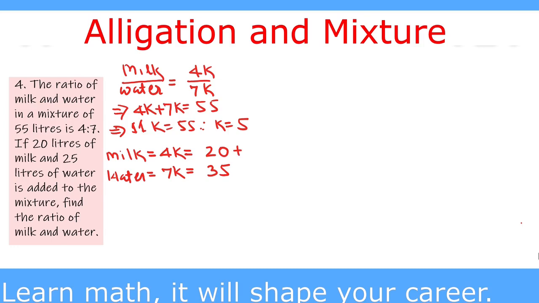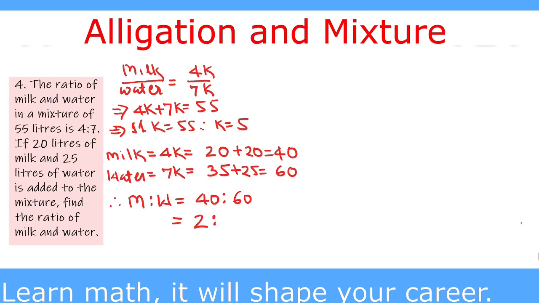So we add 20 liters of milk. 20 plus 20 equal to 40. So milk becomes 40 liters. And 35 plus 25 equal to 60. So water becomes 60 liters. Therefore, milk to water equal to 40 to 60. This is equal to 2 to 3. On dividing both numbers by 20, we get 2 to 3.